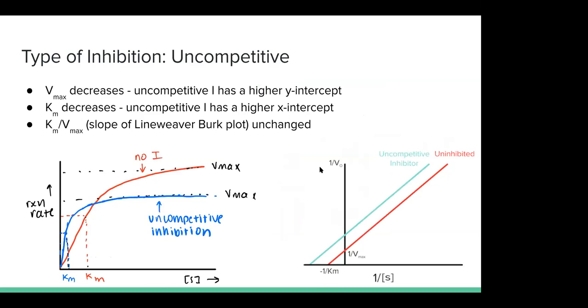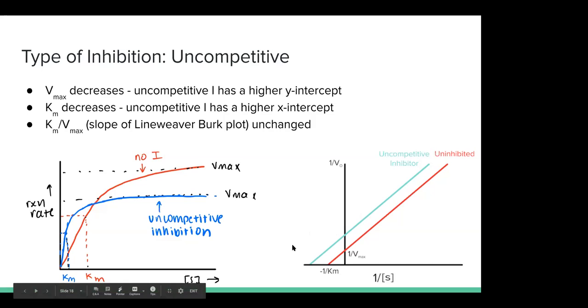Okay, so let's review the graphs again. In the Lineweaver-Burk plot here, we have two parallel lines. The enzyme with the inhibitor will have a higher y-intercept, meaning that the Vmax is decreased. Remember, it's a double reciprocal plot. The same thing goes with Km. Because it's lowered, the x-intercept will be farther away from the origin.